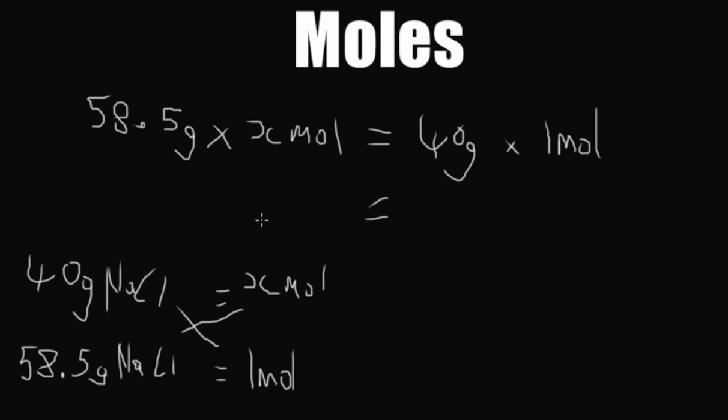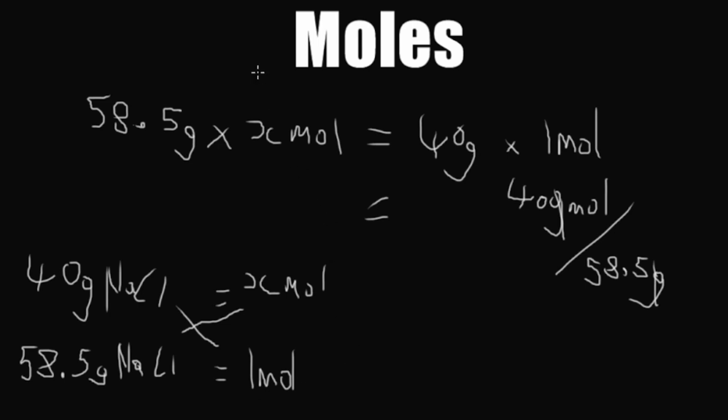In order to find X mole, we're trying to get X by itself. This is just some algebra. So we'd be moving the 58.5 over to the right, dividing, since we're multiplying right here. So it's going to be 40 g mole over 58.5 grams. We can cross out the g, so that we'd be getting moles. If we put this into our calculator, we'd get 0.68376.